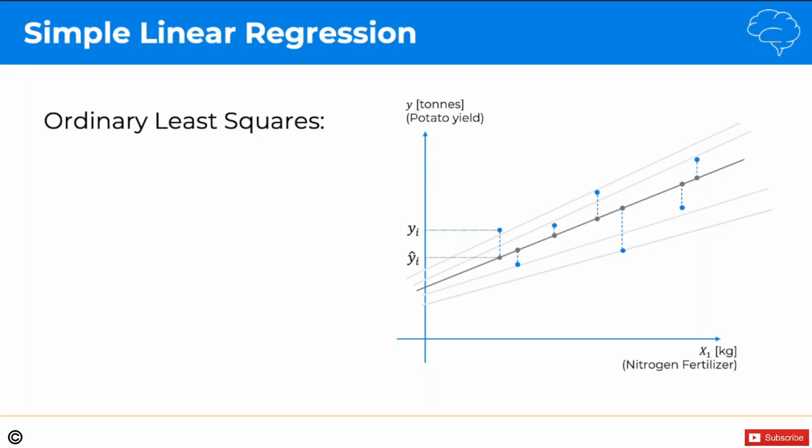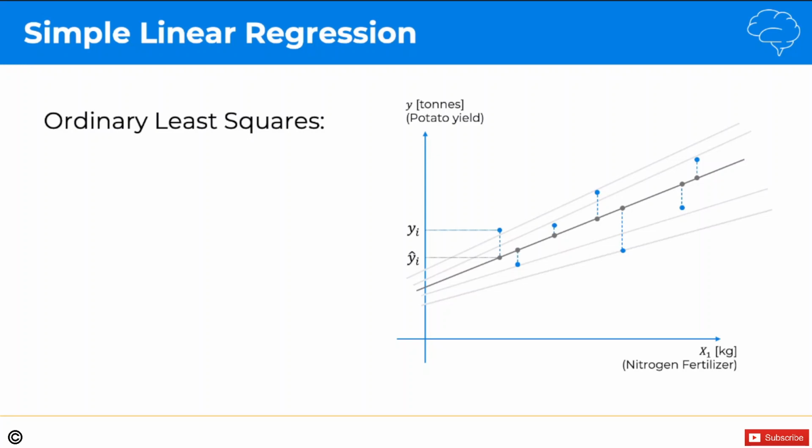So what are these values? Yi is the actual amount of potatoes, in our example, yielded from the farm when that specific amount of nitrogen fertilizer was used. So let's say 15 kilograms of nitrogen fertilizer were used and the farm yielded 2 tons of potatoes.